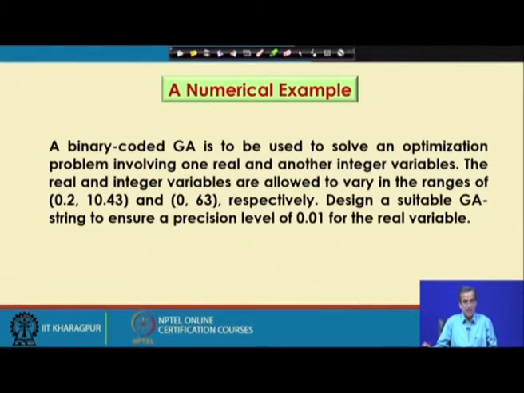The real variable has the range 0.2 to 10.43, say, and the integer variable has the range 0 to 63. How do we design a suitable GA string to ensure a precision level of 0.01 for the real variable and a precision level of 1 for the integer variable?